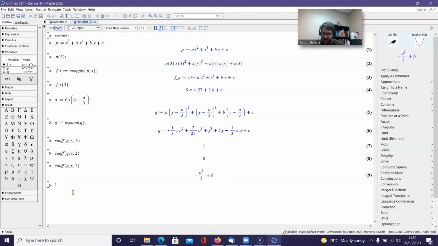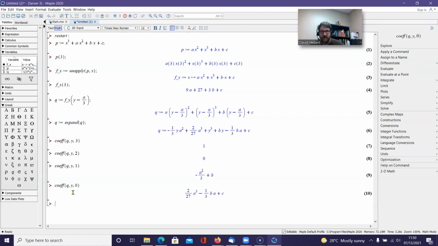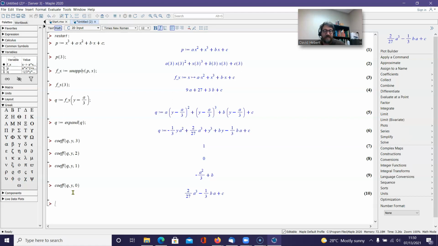Let's take another look, and we're going to do coefficient of q, use y as the variable, and we now want the 0 degree. And there it is. That's the constant. Now remember, we're going to have to move this to the other side of the equal sign, so don't get caught off guard.